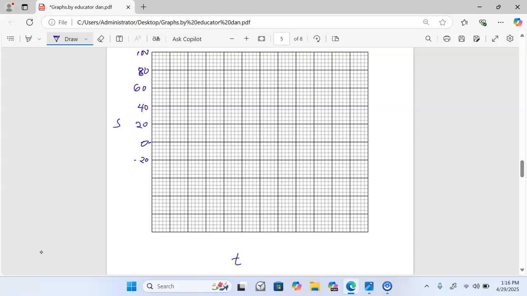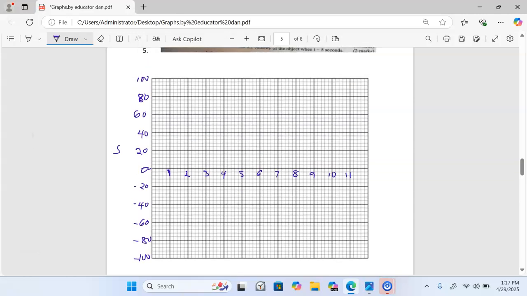Then we are going to have negative 20, negative 40, negative 60, negative 80, and negative 100. And of course, along the x-axis, which is the value of t, we are going to have 1, 2, 3, 4, 5, 6, 7, 8, 9, and 10. Probably we can go up to 11.